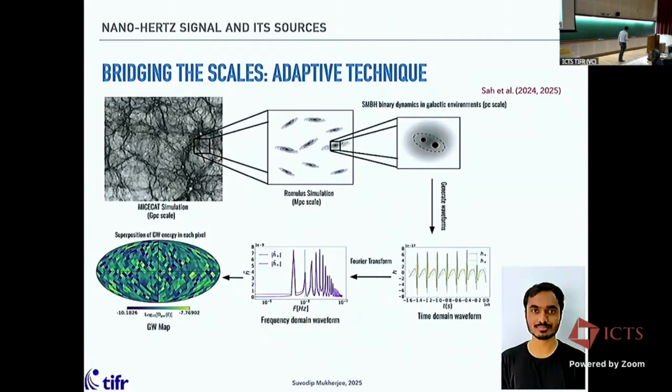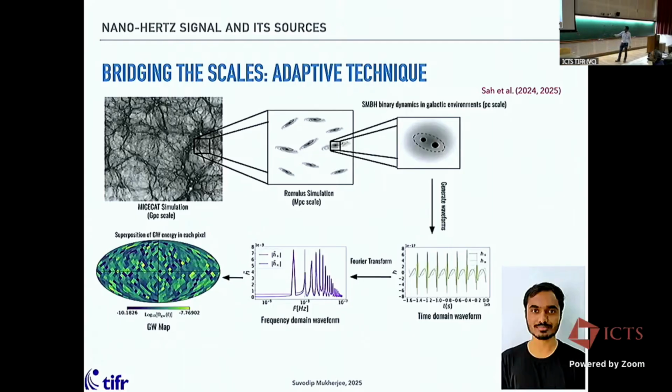On this particular effort, there is a bunch of work being done by my PhD student Mohit in collaboration with several people, including people from ICTS. I hope Akash is here. I don't see him. So what is the idea? The idea is you bridge across scales. You start from the largest scale gigaparsec simulation and you stitch it with the medium scale Romulus hydro simulation, which takes into account dynamical friction.